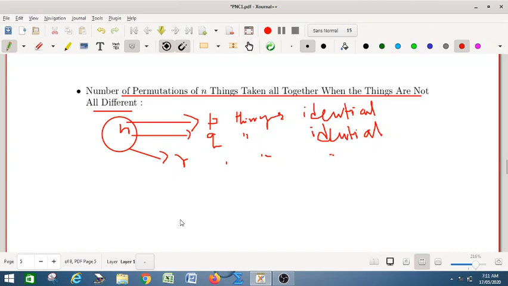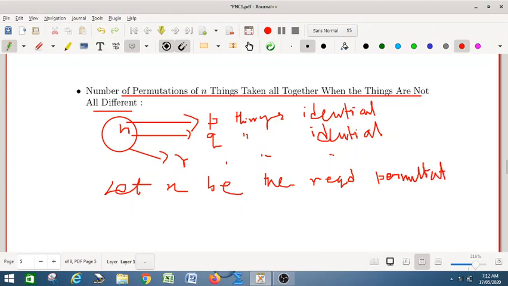Suppose let the required number of permutations be x. Suppose p things can be arranged among themselves in factorial p ways, q things can be arranged among themselves in factorial q ways, and r things can be arranged among themselves in factorial r ways.